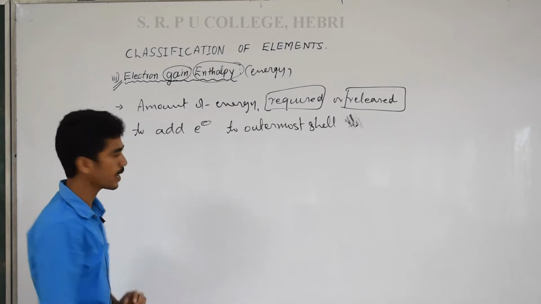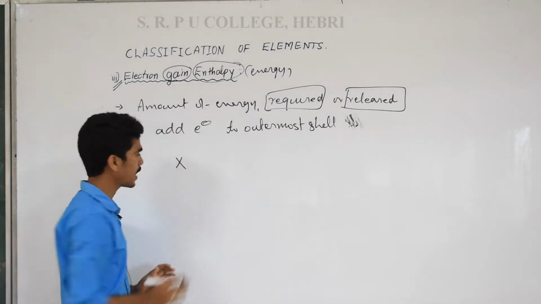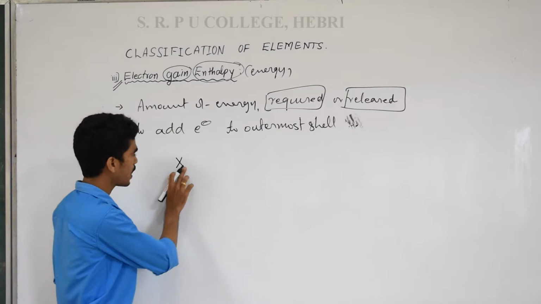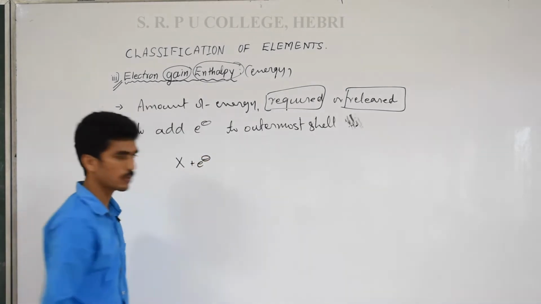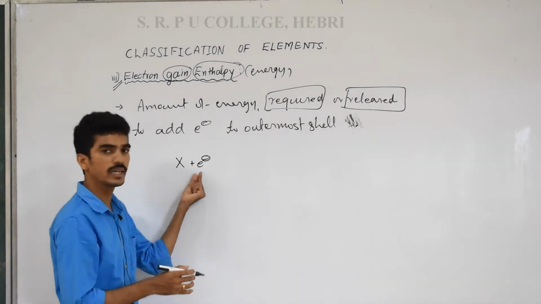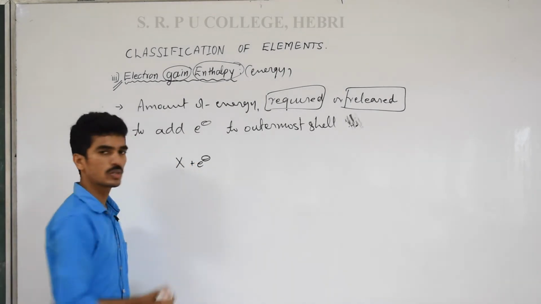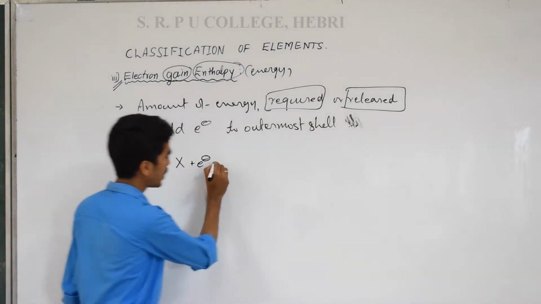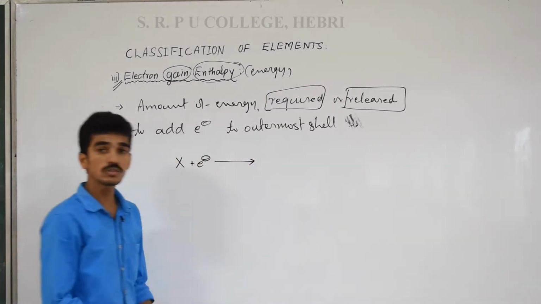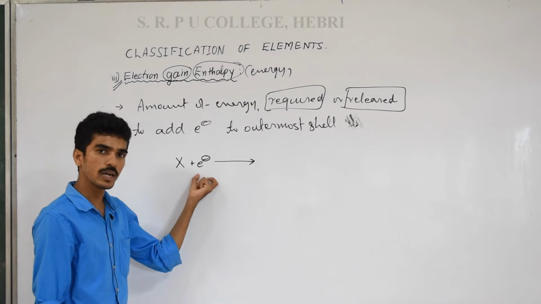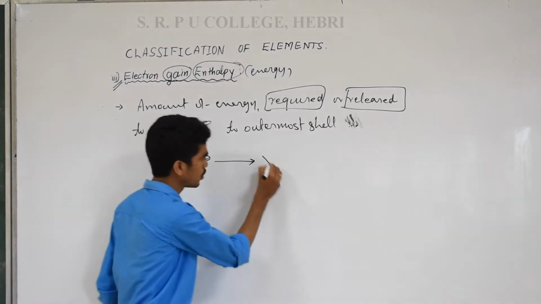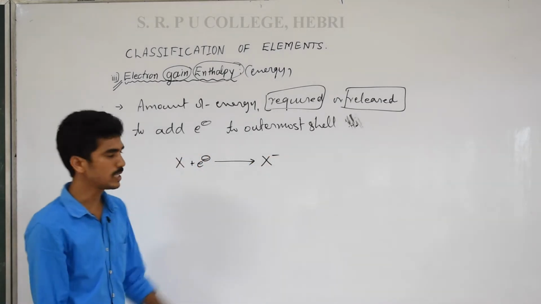First I will take an example. X is any element. Once you add an electron, X plus e, the electron is added to the particular element, and an ion will form. Obviously when the electron is added it will produce X minus.